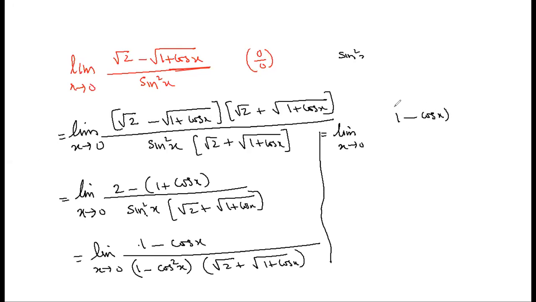So the answer will become 1 upon 4 root 2, with 1 minus cos x into 1 plus cos x and root 2 plus root 1 plus cos x.